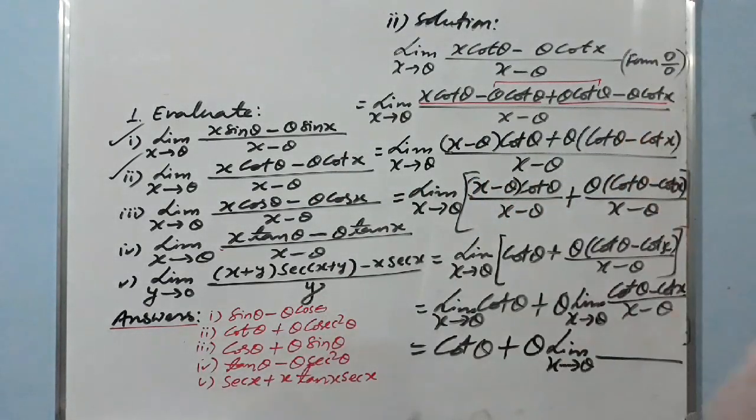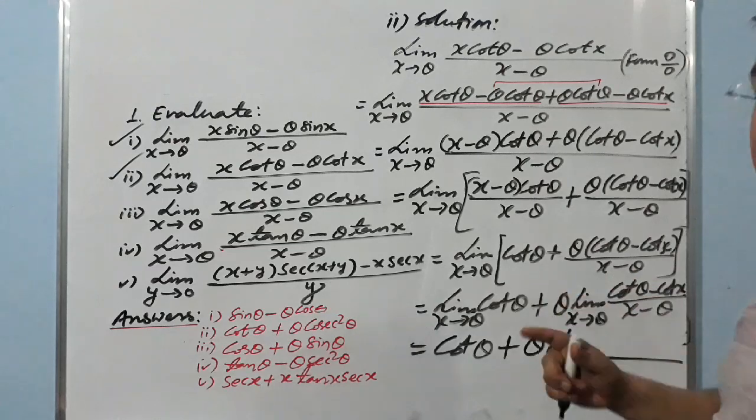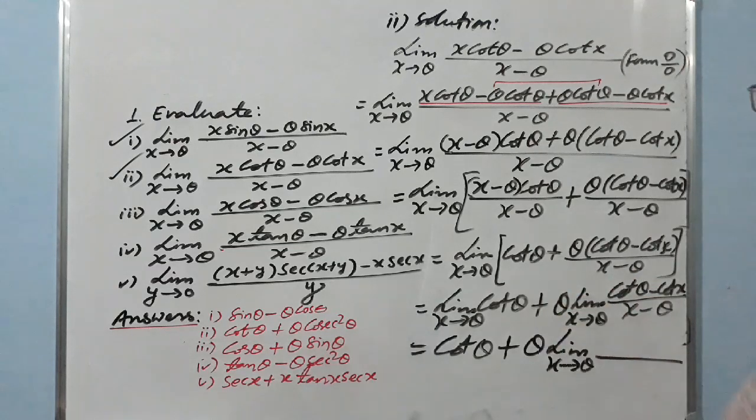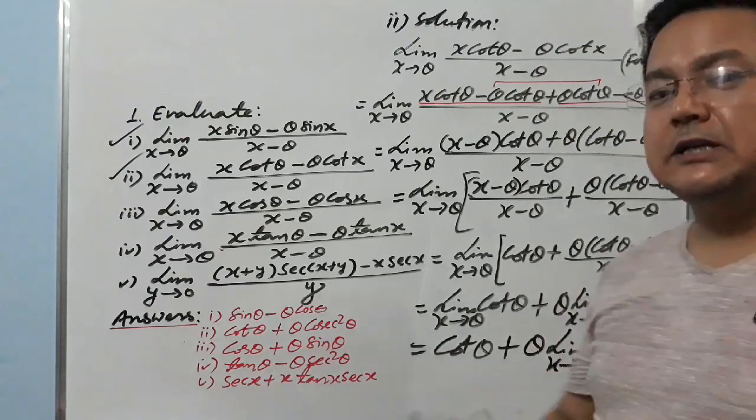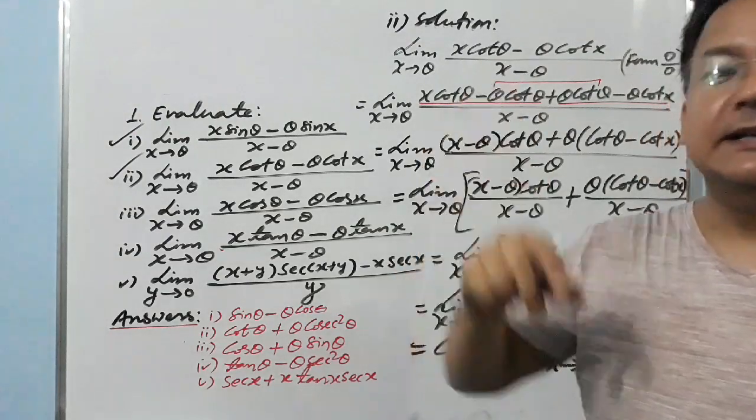Here see very carefully, cot theta minus cot x. We don't have a formula like sin C minus sin D, sin C plus sin D. Okay, we don't have that type of formula. If you get cot and tan, then just try to convert into sin and cos.